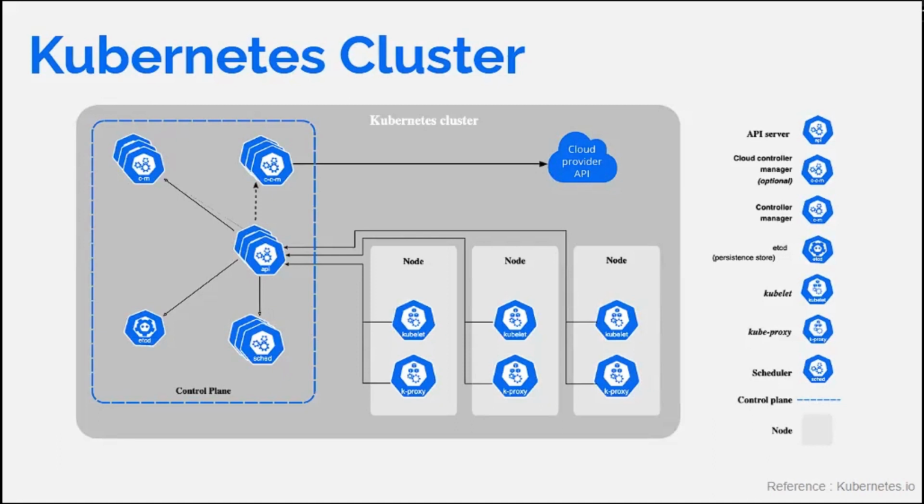We have to give instructions to Kubernetes to get what we want, right? So we give instructions to the control plane, and then the control plane will take care of the work that we ask it to do. The control plane will also have its own Kubernetes components, and we can see in the corner the main thing is the Kubernetes API.